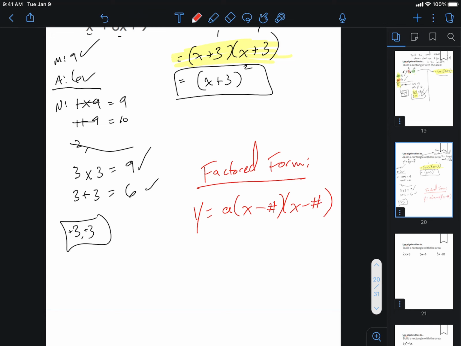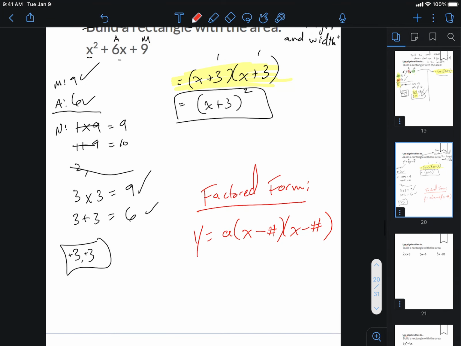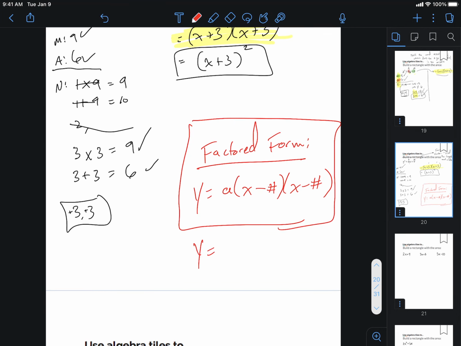So in this question, we would have, well, I won't get into that. Okay, but it looks like this. The a value is going to be 1, and then we're going to have x plus 3, x plus 3.